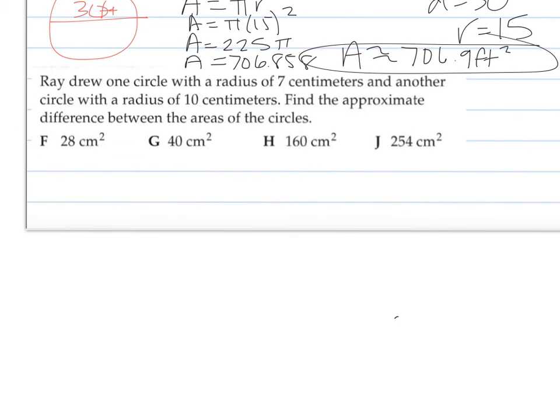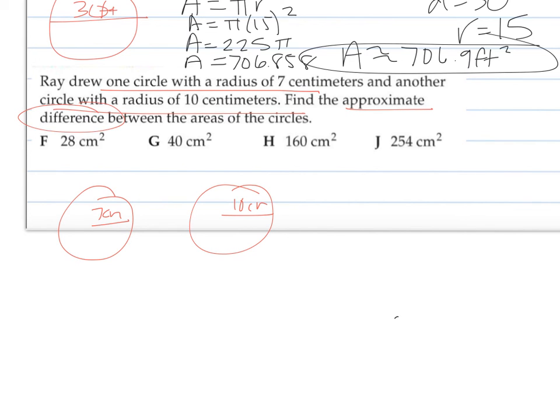Very last one, and this one is a good word problem. Drew one circle with a radius of 7 centimeters and another circle with a radius of 10. Find the approximate difference, which means subtraction, between the circles.